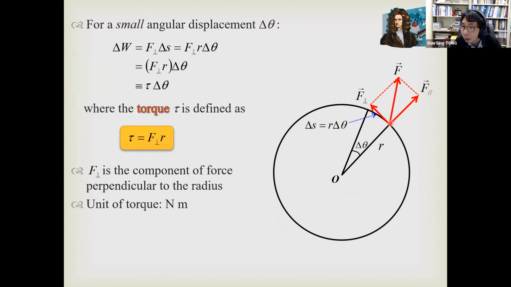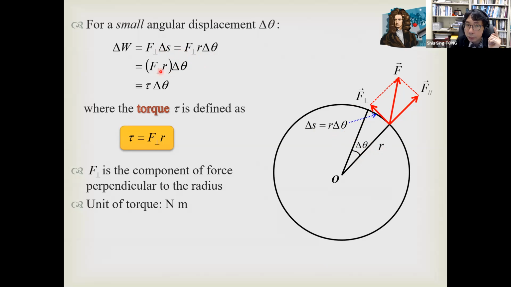When the object rotates a little bit, it moves through a small distance delta s, which is the arc of this circle. Now delta s, the arc length, is equal to the radius multiplied by the angle turned through, so it's equal to r delta theta. So we change delta s into r delta theta.